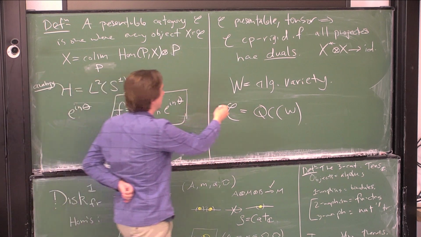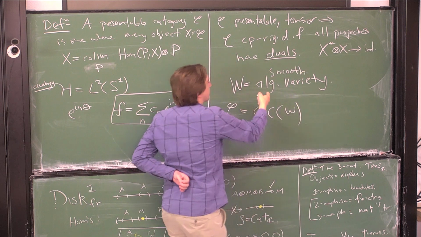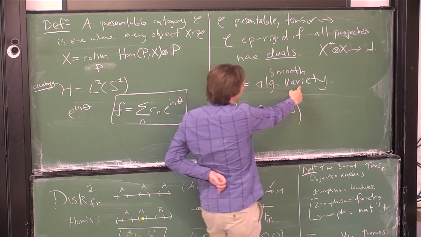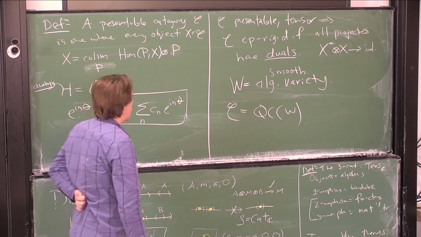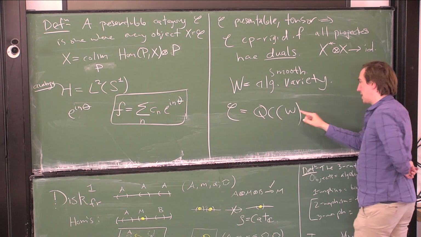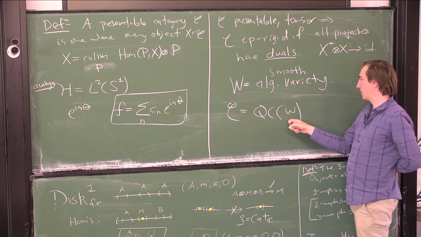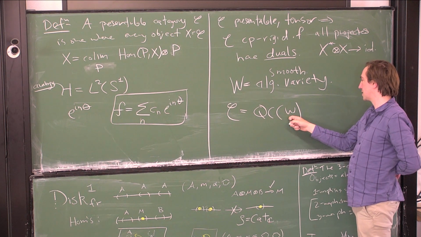Let's even say it's smooth. A variety is like a manifold, but where everything is polynomials. So now you look at the category of coherent or quasi-coherent sheaves on W.